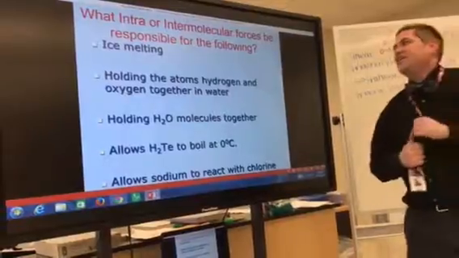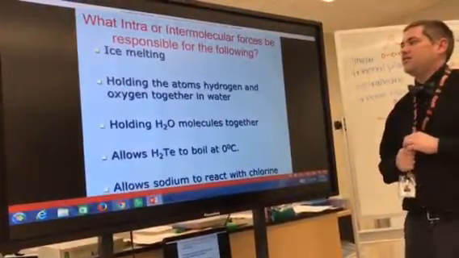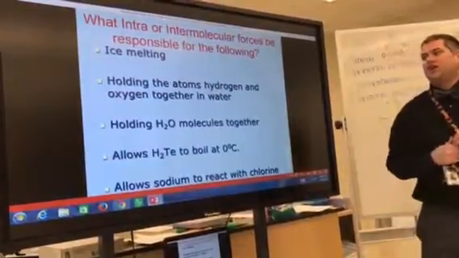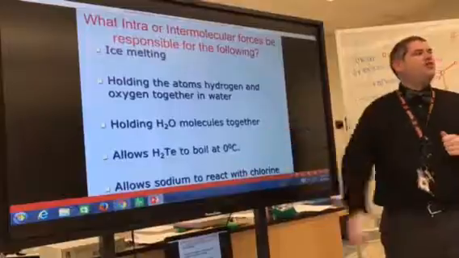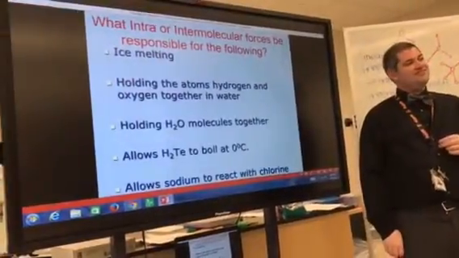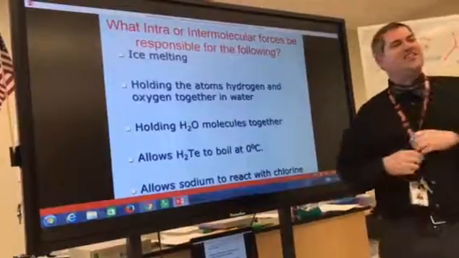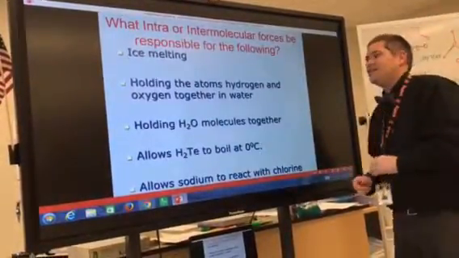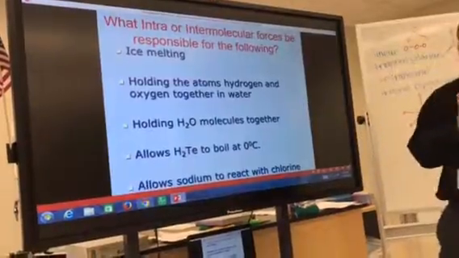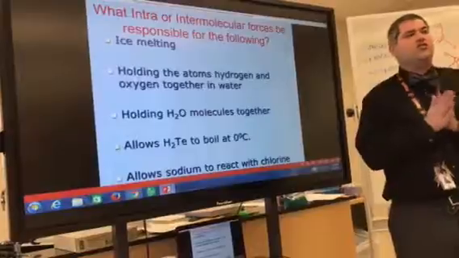What intra or intermolecular forces would be responsible for the following? Ice melting, holding the atoms of hydrogen and oxygen together. Make sure to write the answers to these down. And you can turn this in. This will be the last one I'll have you write down. Of course, ice melting: is it intra or inter?